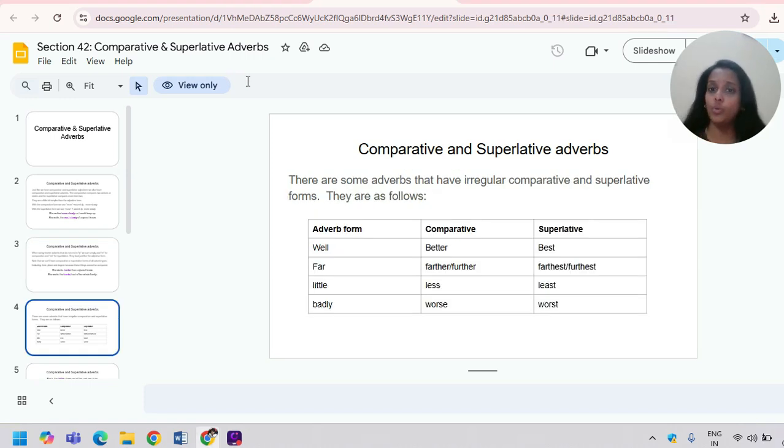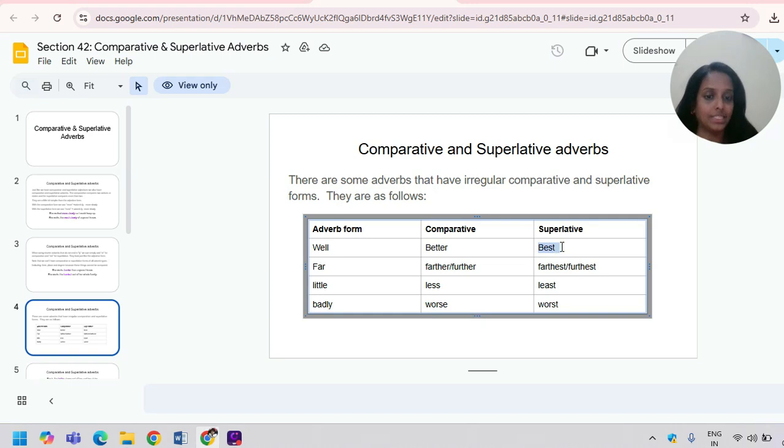Okay, here's where things get a bit more unpredictable when we are talking about irregular adverbs. These don't follow the more or most or er or est rule. Instead, they have their own unique forms and you will just have to memorize them. That's why we are calling them irregular adverbs. Let's look at some words here. For well, the comparative form is better and the superlative form is best.